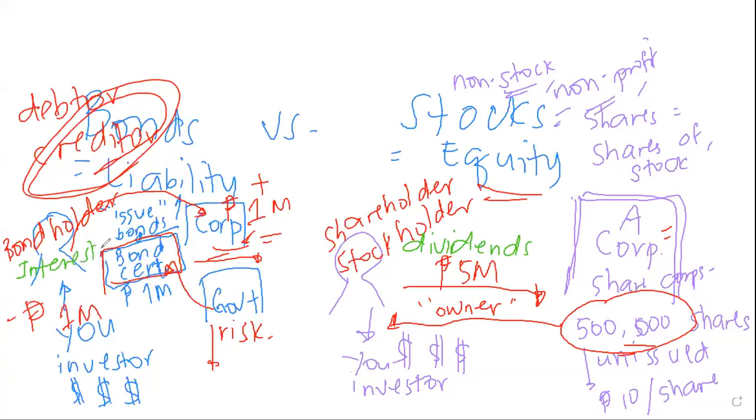Ang interest naa diri based sa bond certificate kung how often og pila pod ang imuhang dawaton nga interest. Here, as a stockholder, you earn by receiving dividends. Unlike interest, which is guaranteed, obligation ba sa corporation to pay you the interest every month. Here, the corporation is not obliged to declare dividends every year.